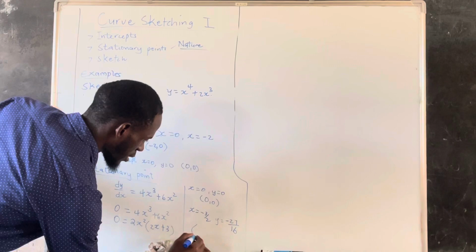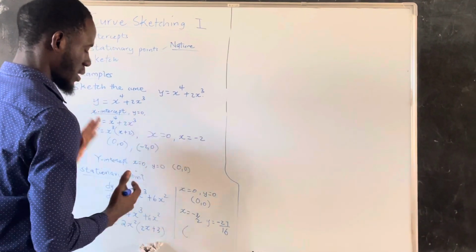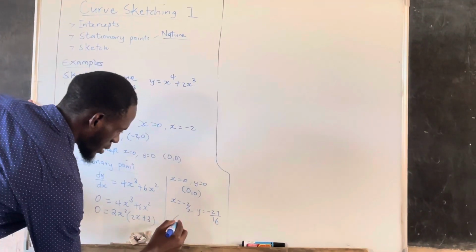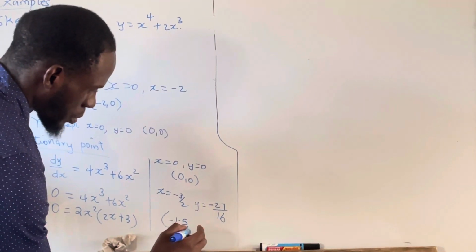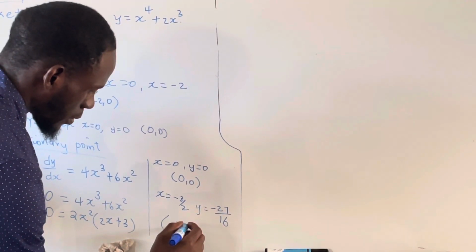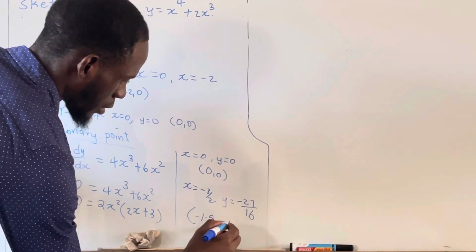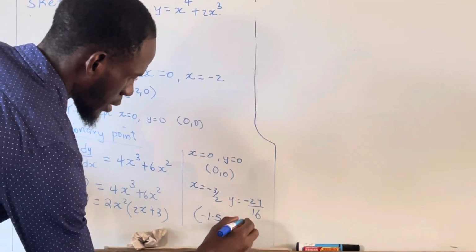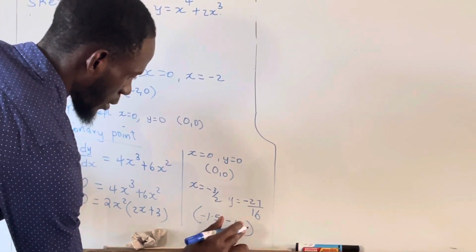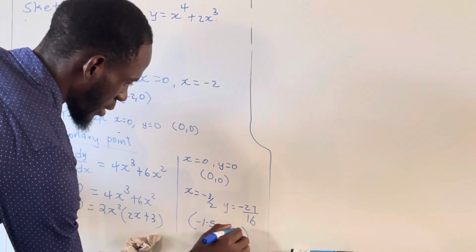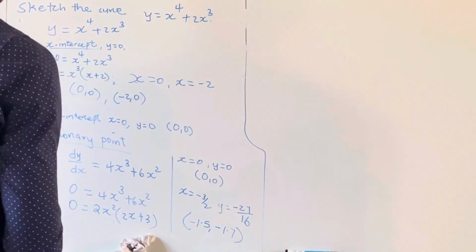And now the coordinate is, let us write it in points such that we know where to locate it. This is negative 1.5, then this one is going to be negative 1.7. Okay, we shall plot it around there. Now, we have to establish the nature.